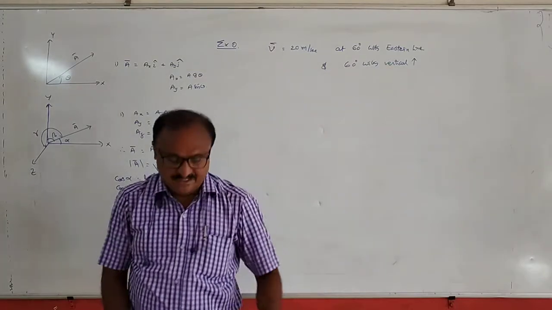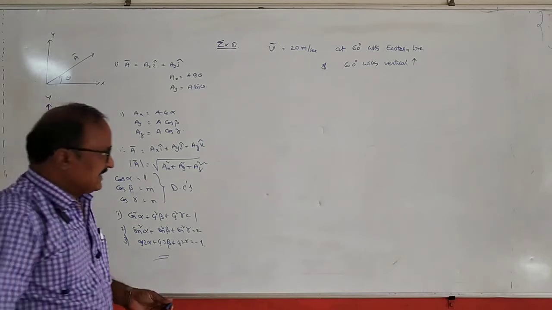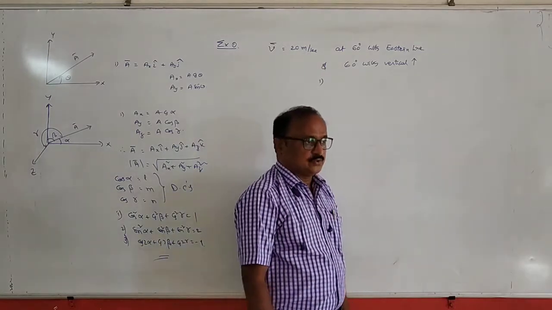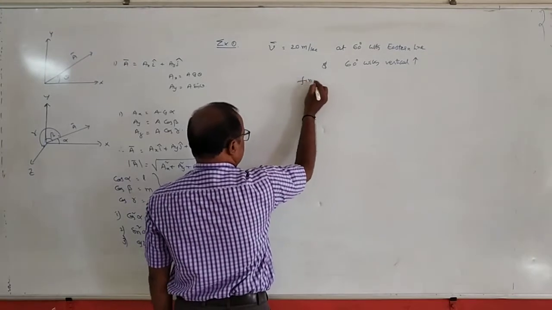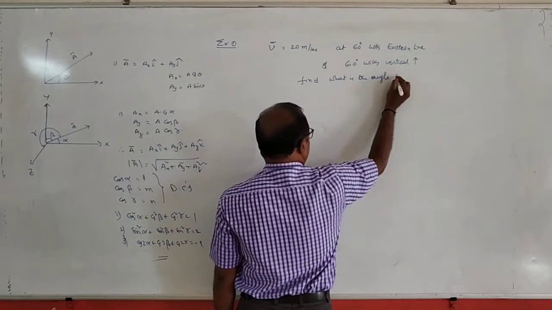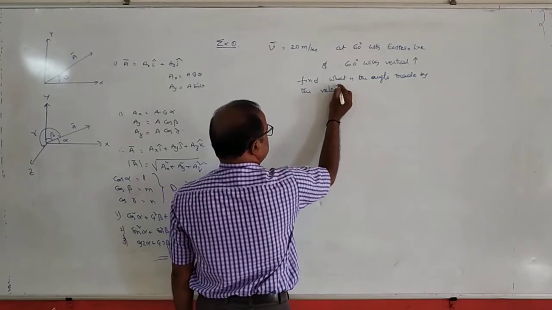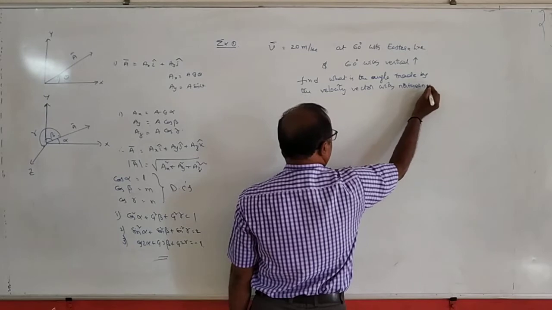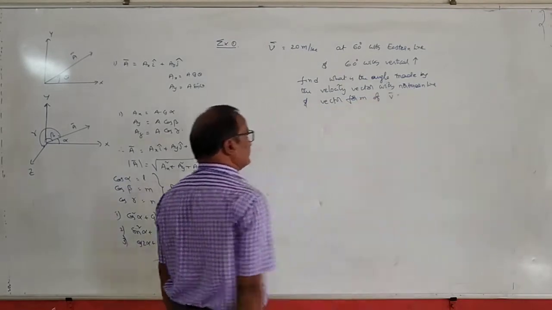Then find the angle made by the velocity vector with the northern line, and also how to represent the velocity vector in terms of rectangular components. Here you find out.